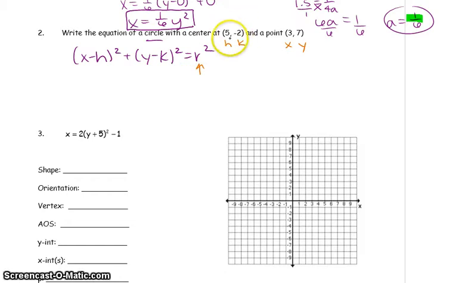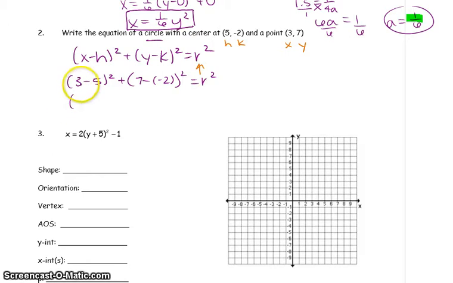So what we do is we plug in our h and k and our 3 and 7 into their designated parts and solve for our r squared. So when we do that, we'll get (3 minus 5) squared plus (y is 7, k is -2) squared equals r squared.